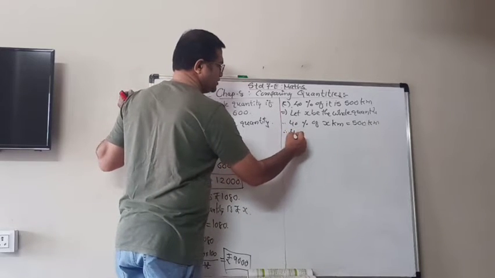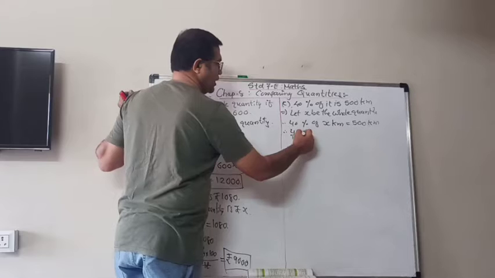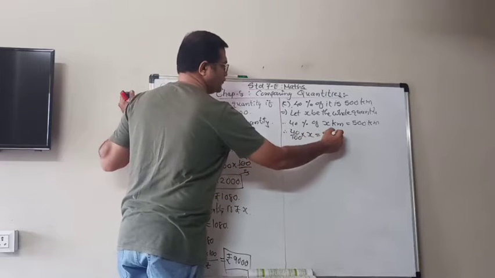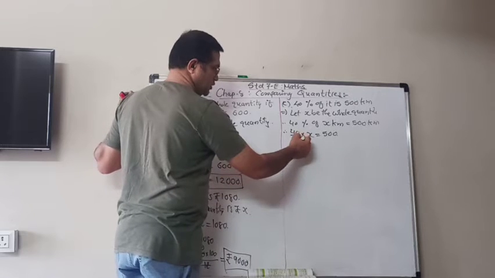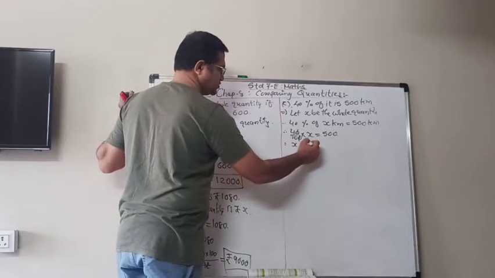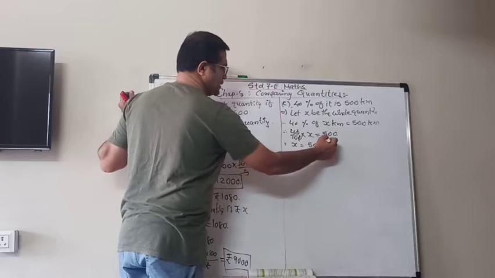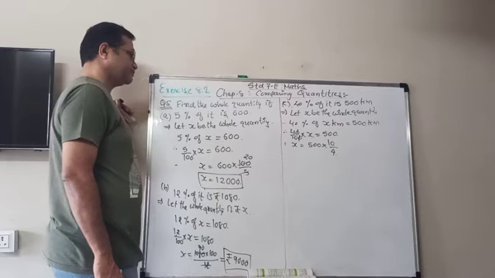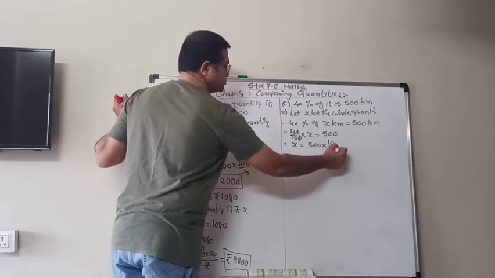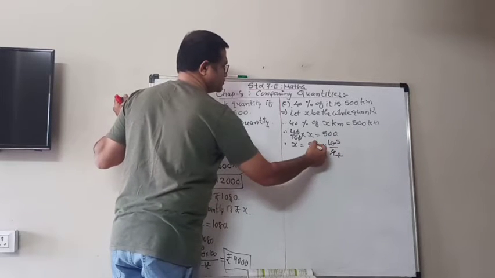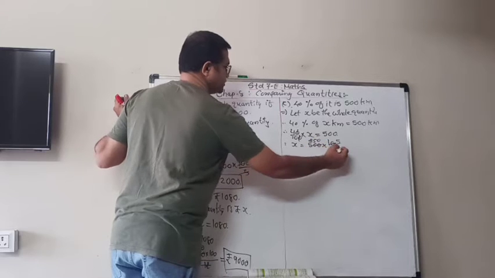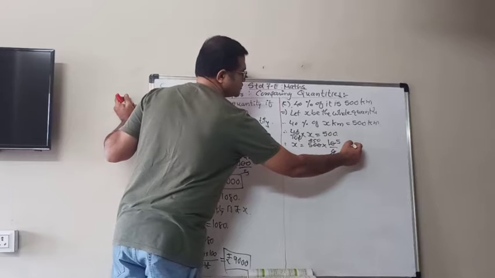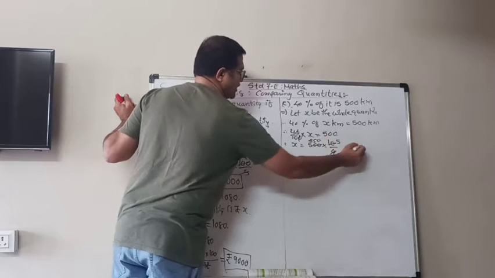So 40 upon 100 into x is equal to 500. You can do the cancellation here. So x is equal to 500 multiplied by 10 upon 4. 2 fives are 10, so 250, and 5 fives are 25, so 125 and a 0.